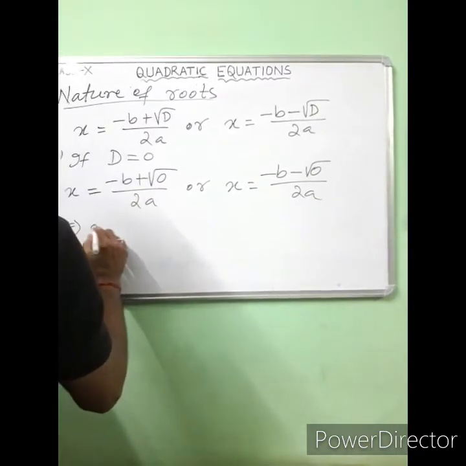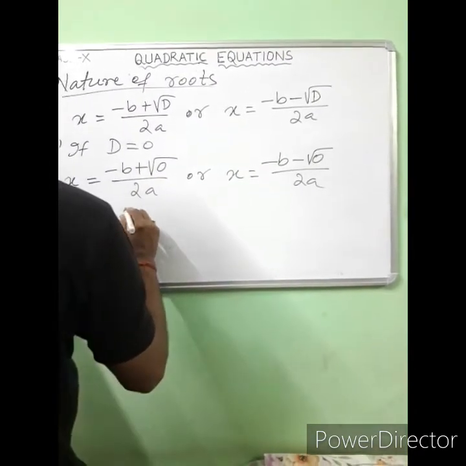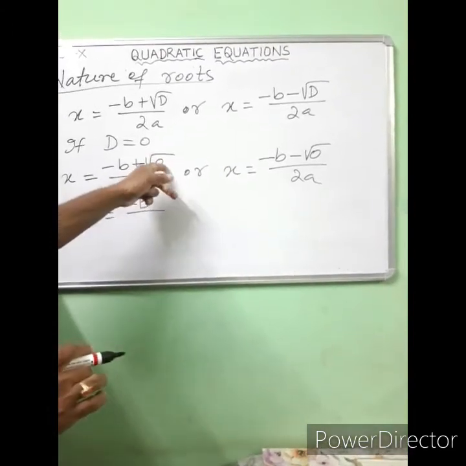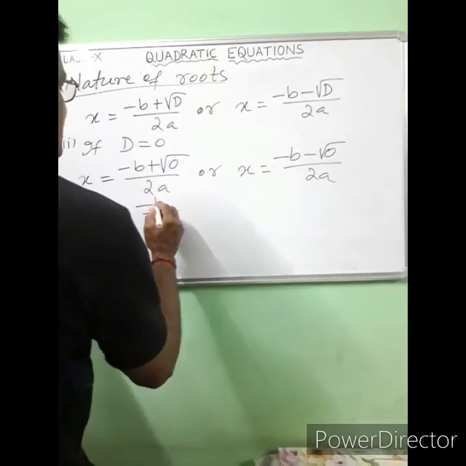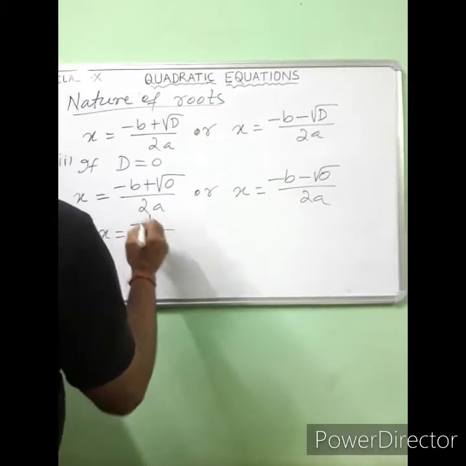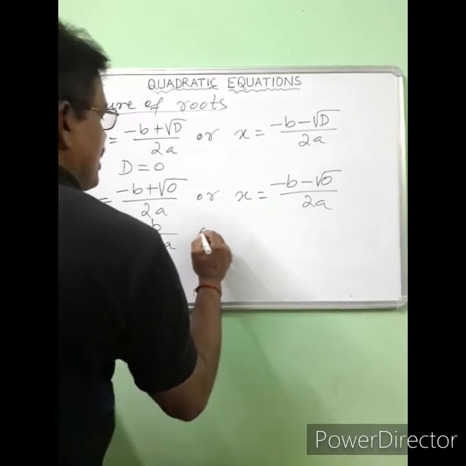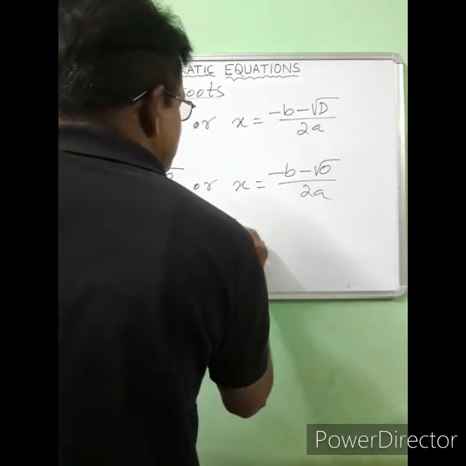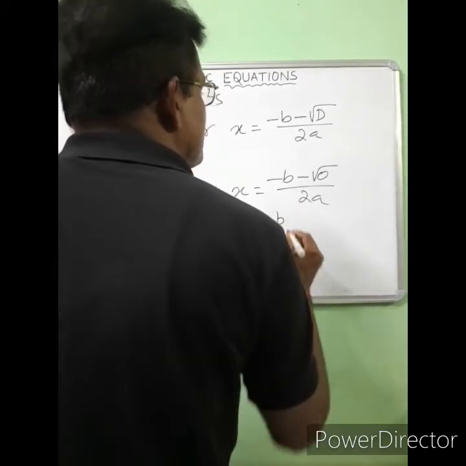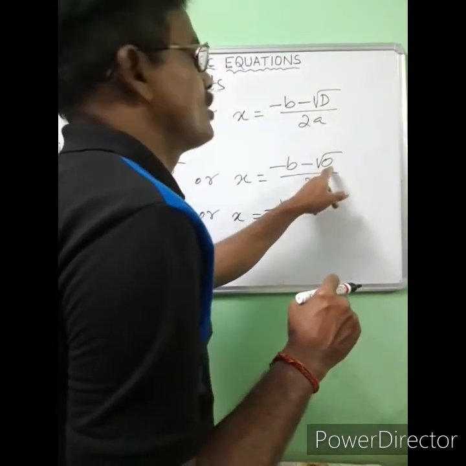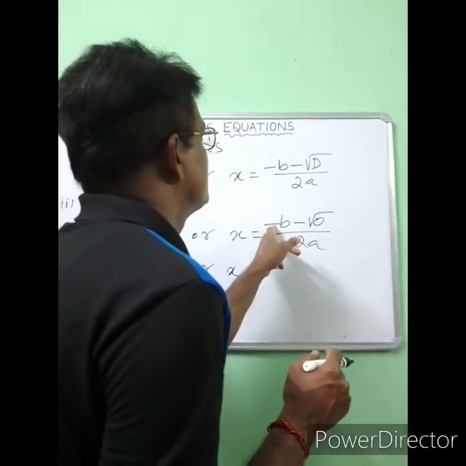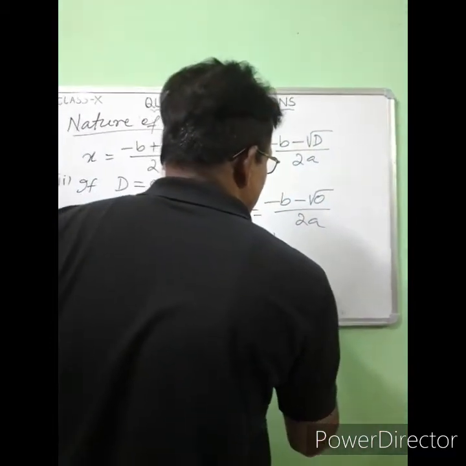Here the value of D is 0, and root over of 0 is 0, nothing. So only minus b by 2a.